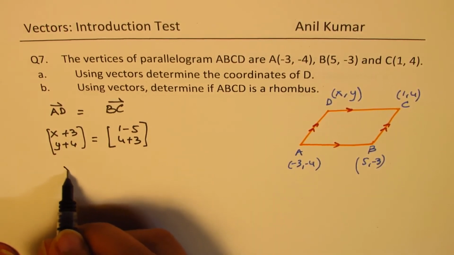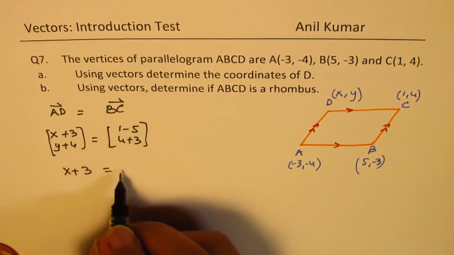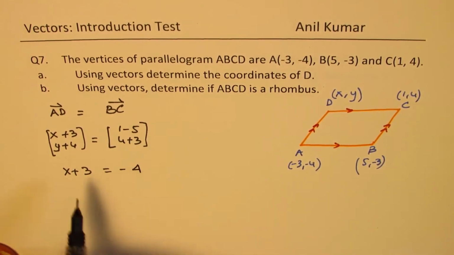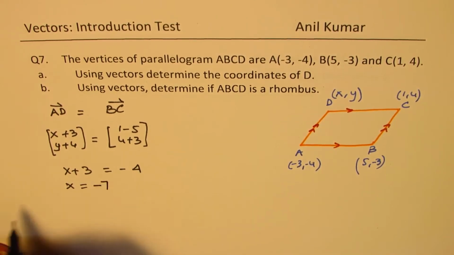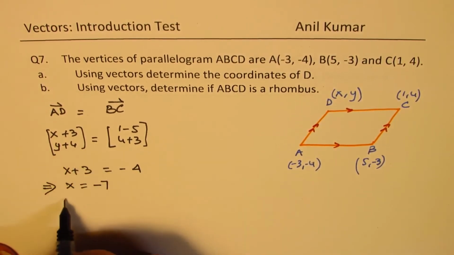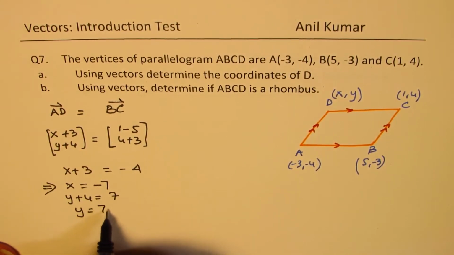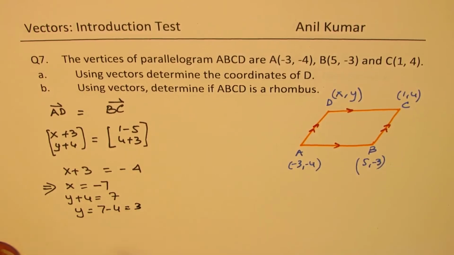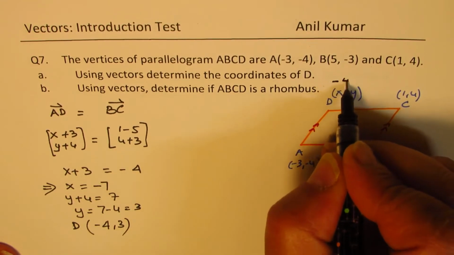So that means we have x + 3 equals 1 minus 5, which is -4, correct? And so that gives us x equals -7. The other one is y + 4 equals 7. So y equals 7 minus 4, which is 3. Right. So we get the coordinates for D as (-7, 3). Is it clear?